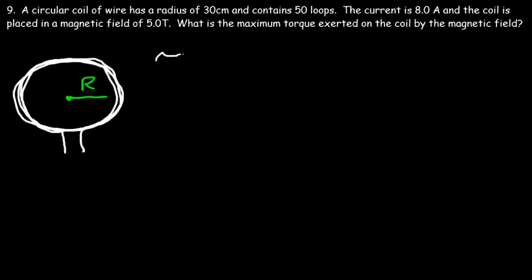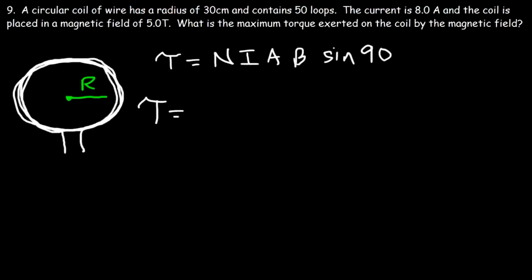To calculate the torque, it's equal to NIAB sine theta. Now, if we wish to find the maximum torque, then the angle is going to be 90, and sine 90 is equal to 1. So N is the number of loops, N is 50. The current is 8 amps.